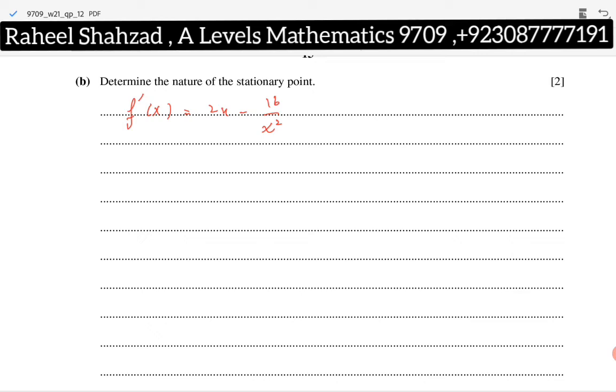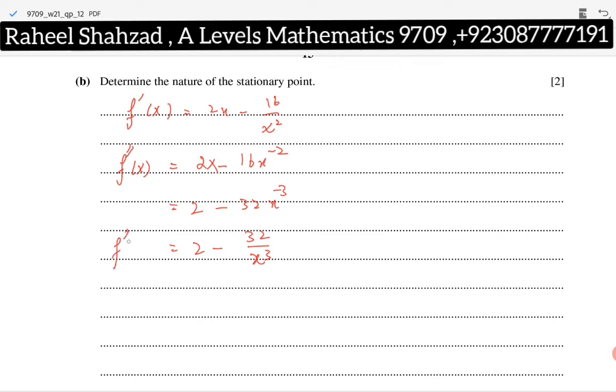Okay, and we find the second derivative, that is equal to 2 minus 16 into x to the power minus 2, derivative is 2 minus 32x to the power minus 3, that is equal to 2 minus 32 by x cube, right? 2 minus 32 by x cube.